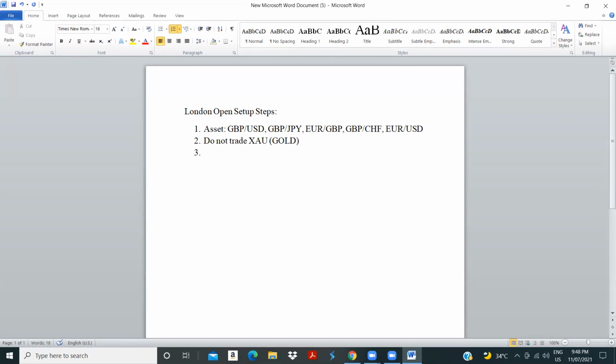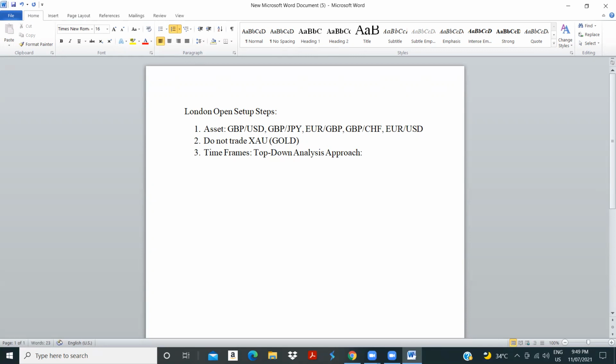Now the third step is the time frames which we'll use. We use a top-down analysis approach. We come from a higher time frame perspective, define our setup, and then go towards a lower time frame for entry purposes.